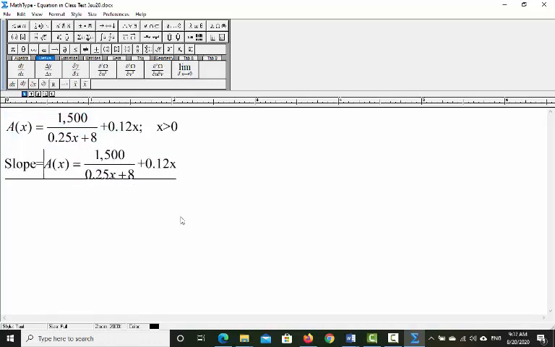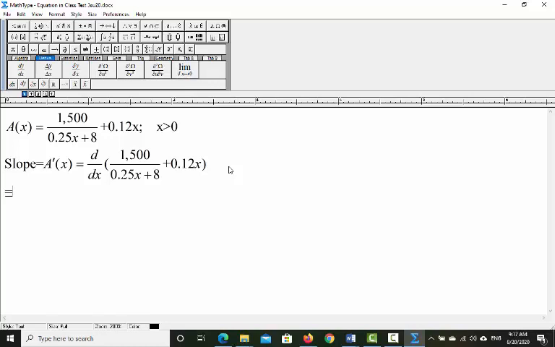We need to do differentiation of the average cost function with respect to X.